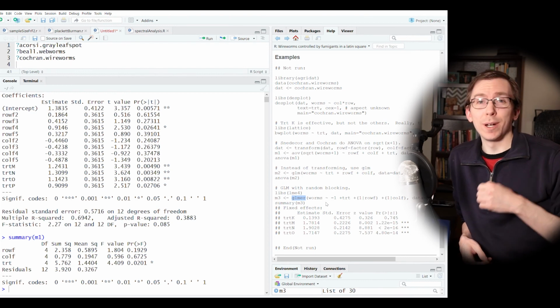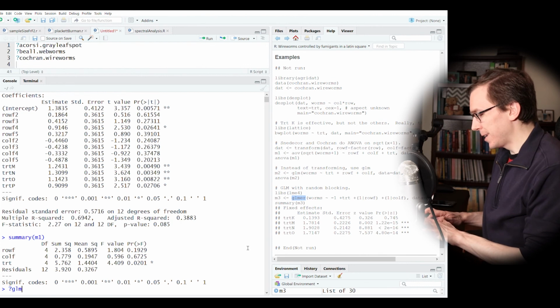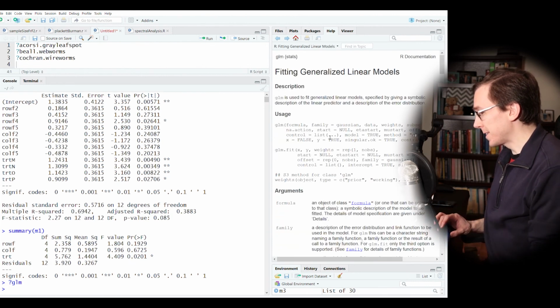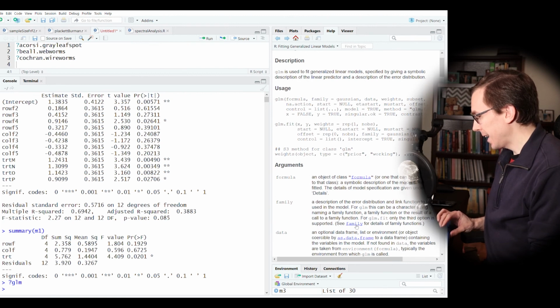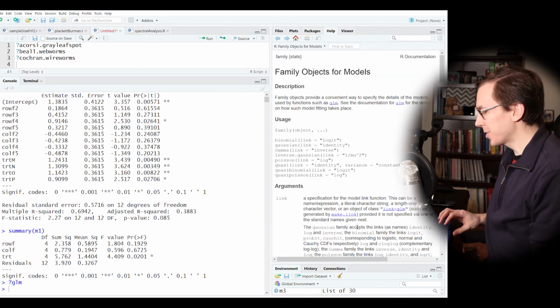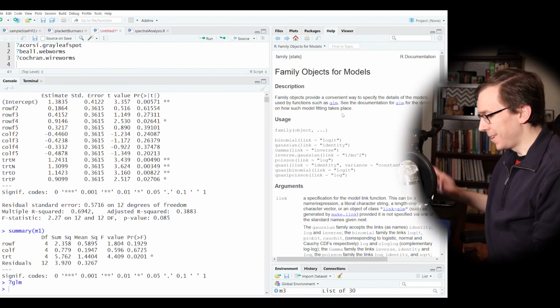You have to know what type of family to use, because if we go back to GLM, you might notice that we did 2 today. We did binomial, which is logistic regression, and we did Poisson for Poisson regression.